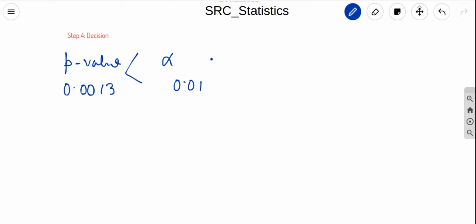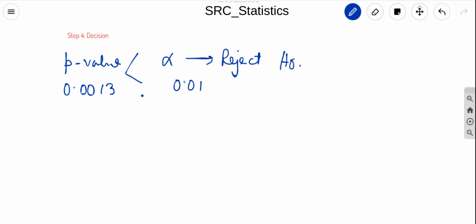Now step 4 is the decision. How do we take the decision? We compare the p-value with the level of significance. Our p-value was 0.0013 and the level of significance is 0.01. We can see that the p-value is less than alpha, therefore we reject the null hypothesis.